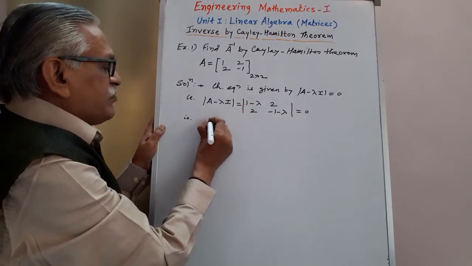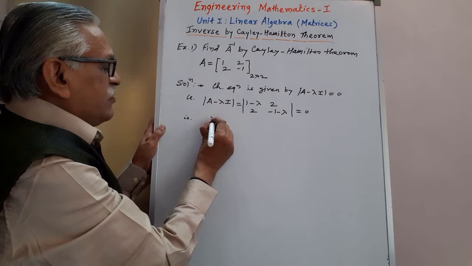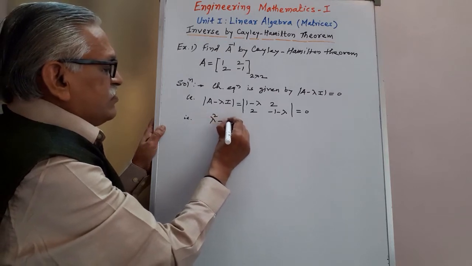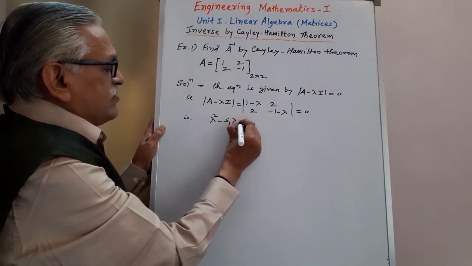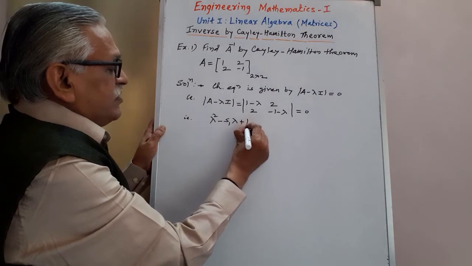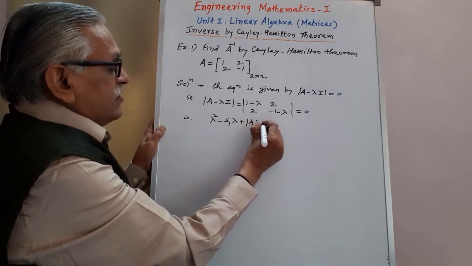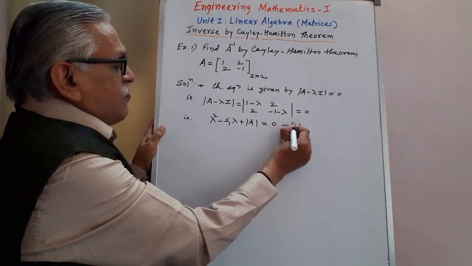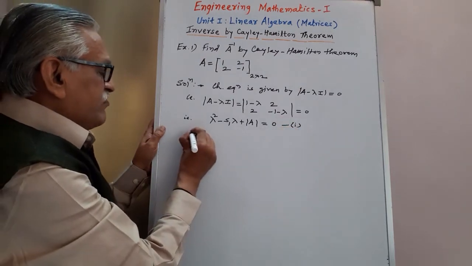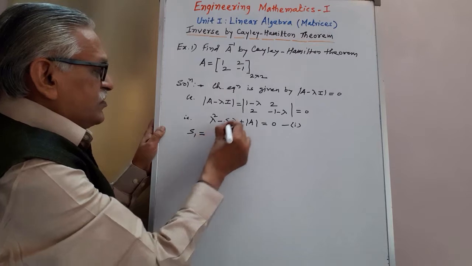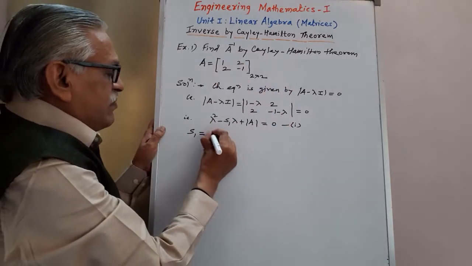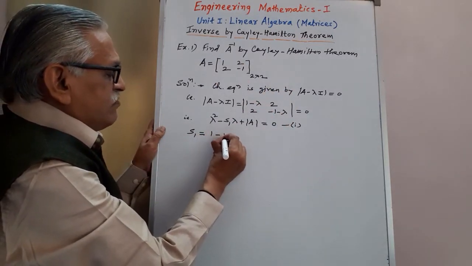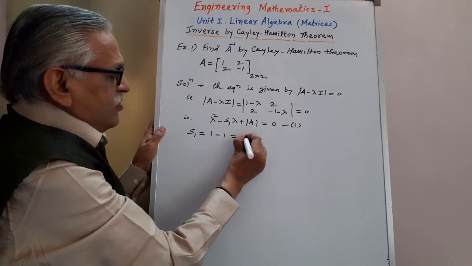By the shortcut method, this equation is given by lambda square minus s1 lambda plus determinant of A equals 0. We call this equation 1, where s1 is the sum of the principal diagonal elements, therefore 1 minus 1, and that value is 0.